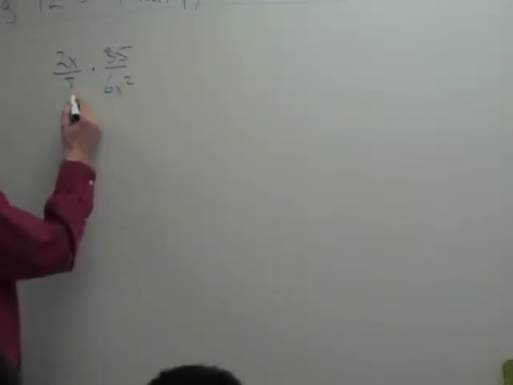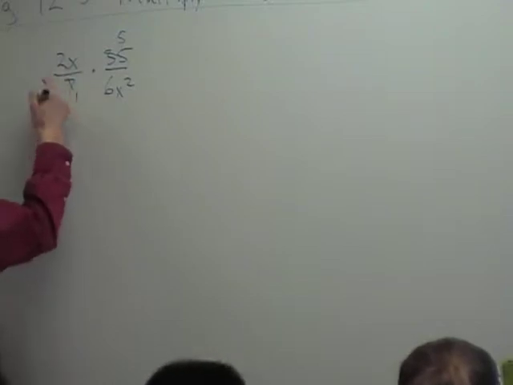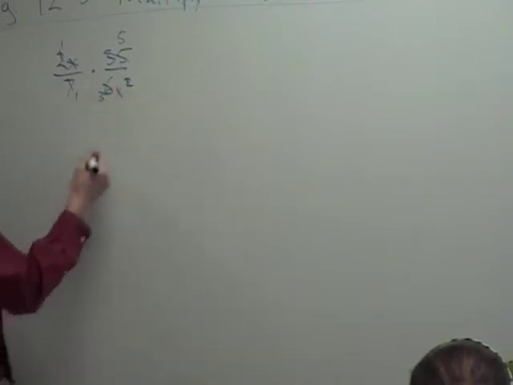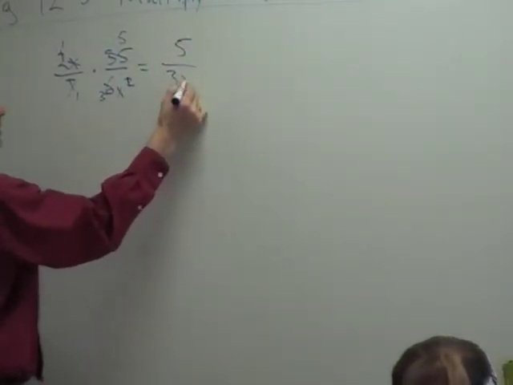Done? Here's what you should have done. 7 and 35 are both divisible by 7. That's important, you need to understand you can reduce diagonally. Also diagonally this way, they're both reduced by 2. And the x's will reduce to 1 there. So I have 5 on top and a 3x on the bottom.